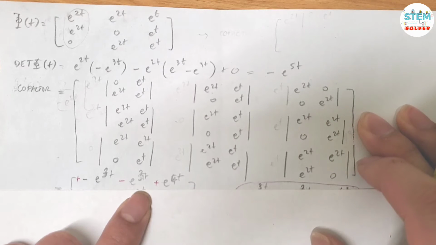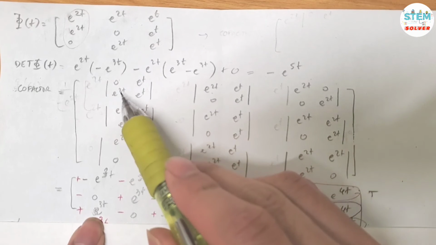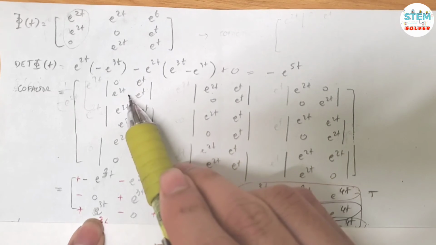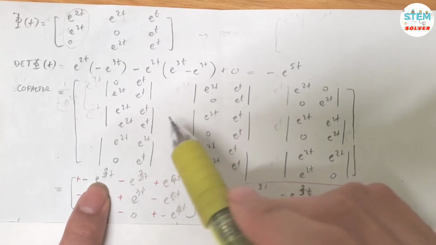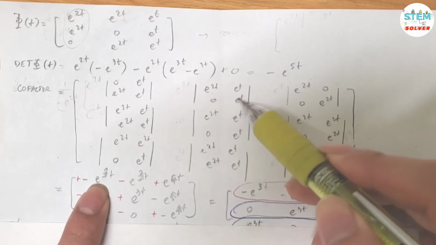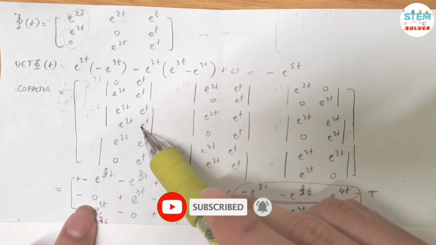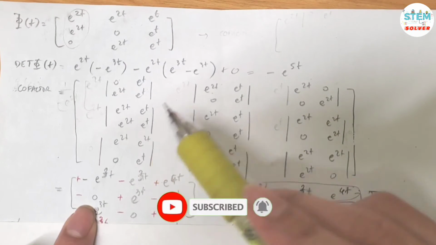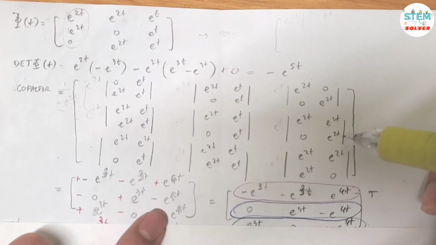Then your next step is to find the determinant of each entry. For this one, the determinant is negative e to the 3t. For this one, e to the 3t. This one, e to the 4t. This one, it is 0, e to the 3t, e to the 4t.